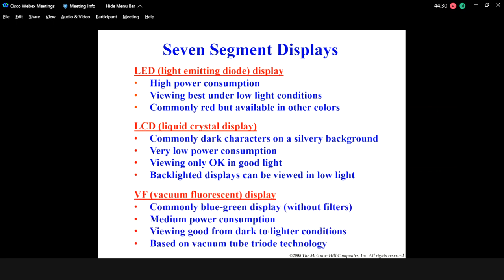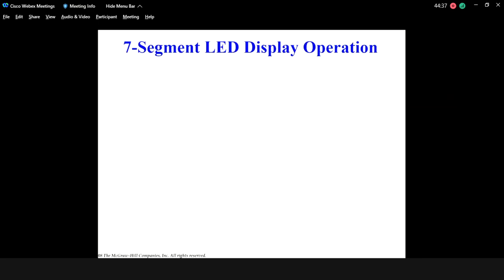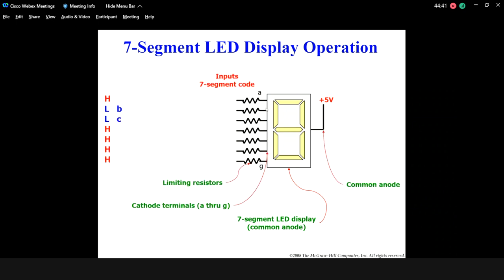And then we have vacuum display. This one is based on cathode ray tube. Okay, this one you do it in your year 2. We have limiting resistance, and then you ground each pin. After you ground each pin, the 7-segment display will display the number that corresponds to the leg of the pin that you grounded.